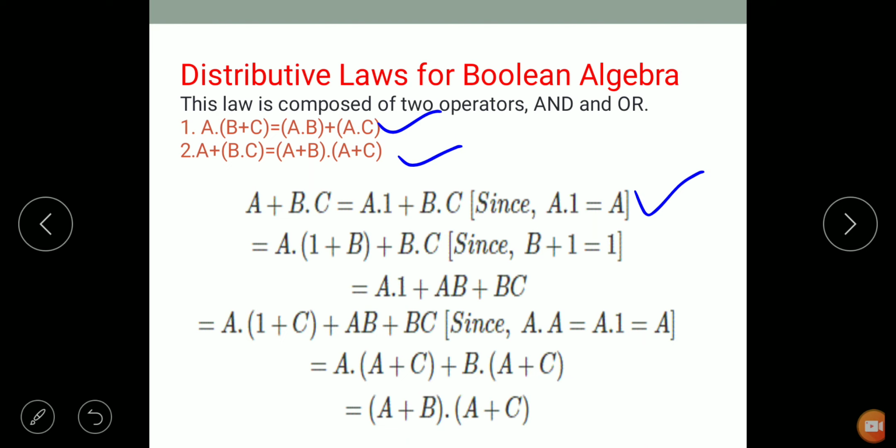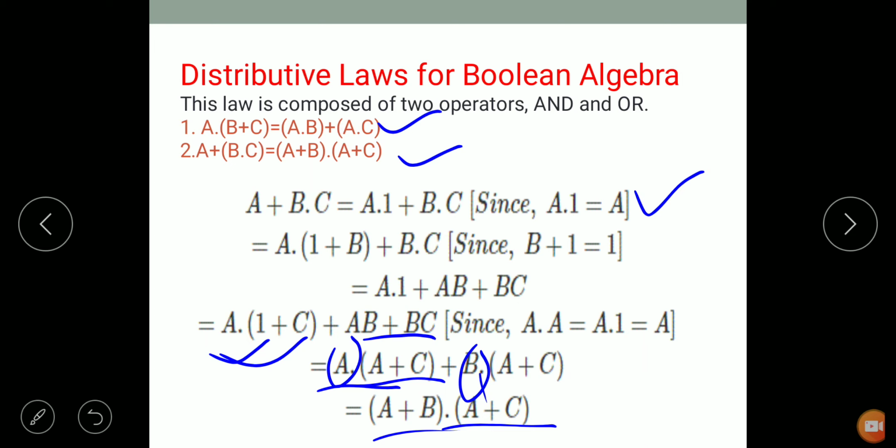Multiply here a dot a and a dot c, and b, take b common, then a plus c is remaining. Then a plus c is common here, so we place a plus c common, and then a plus b, so a plus b and a plus c. This is the distributive law.